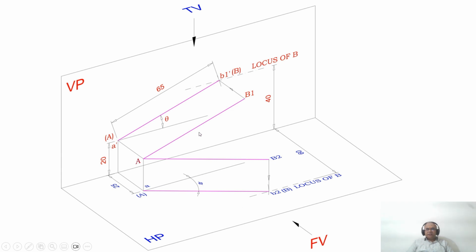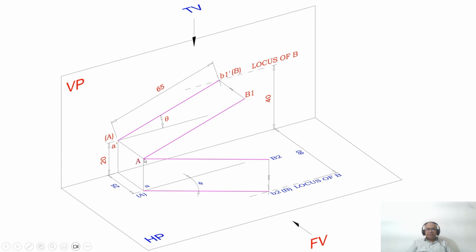So if you have it parallel to VP, you know that end A is 25 mm in front of VP. So obviously B1 should also be in front of VP by 25 mm. Then only the line is parallel to VP.